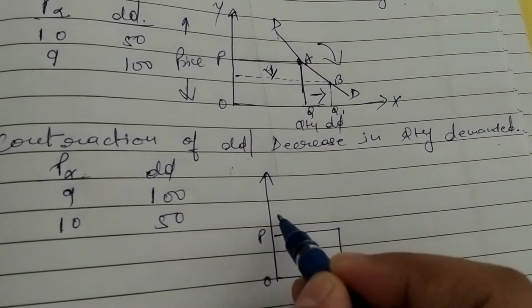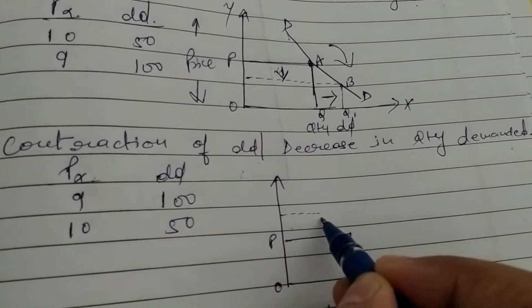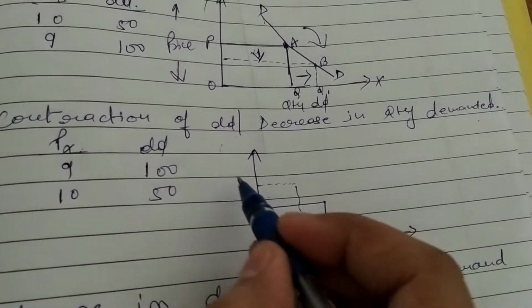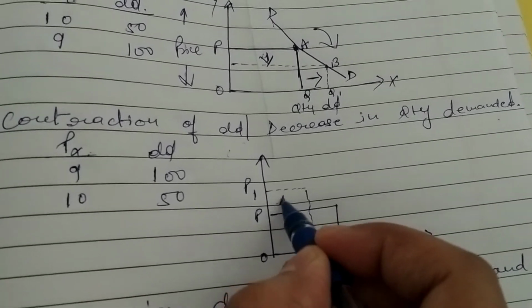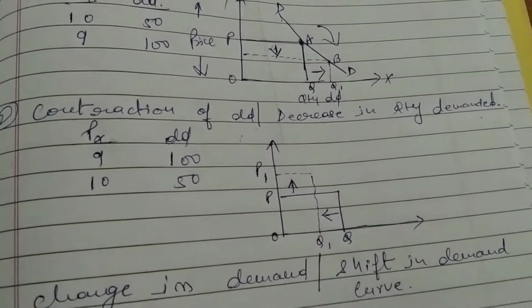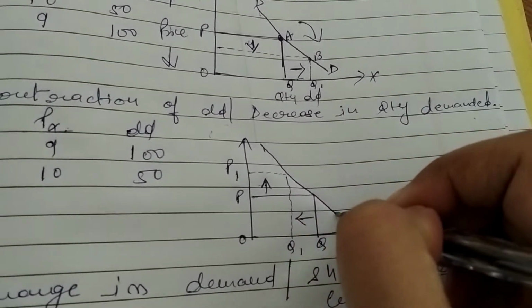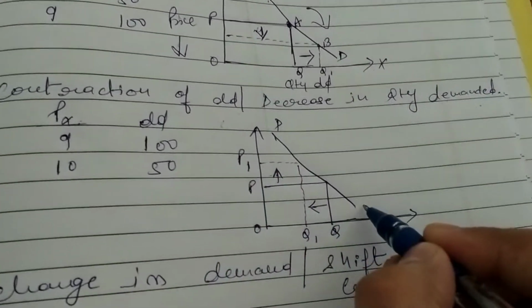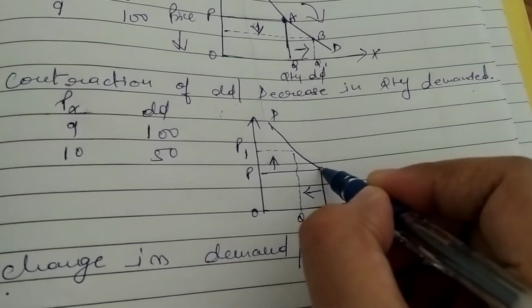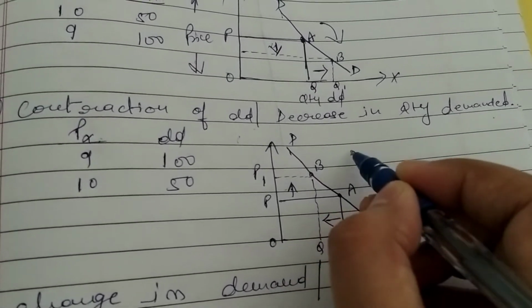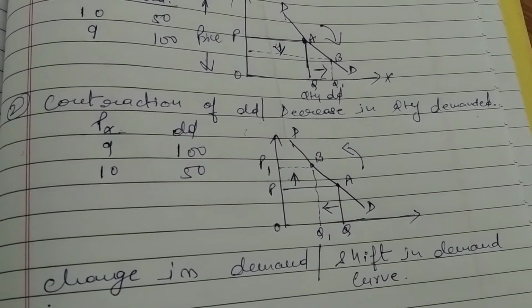When the price rises from OP to OP1, quantity demanded decreases from OQ to OQ1. Price rises, demand falls. And this is the downward sloping demand curve. DT is a downward sloping demand curve. Here we move from point A to point B upward along the same demand curve.